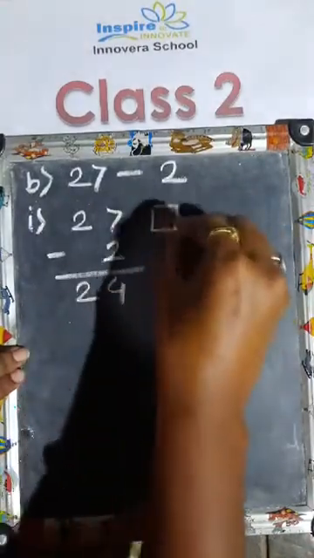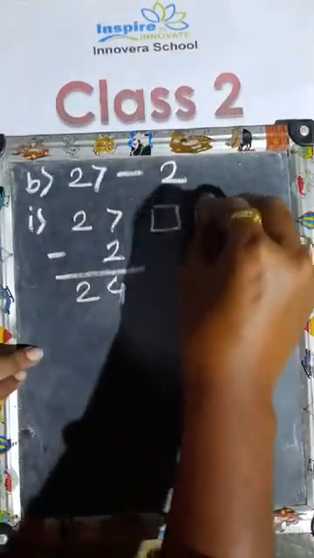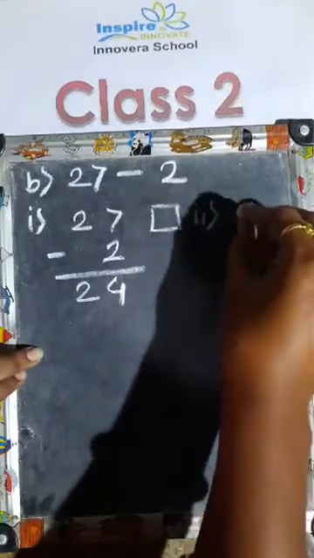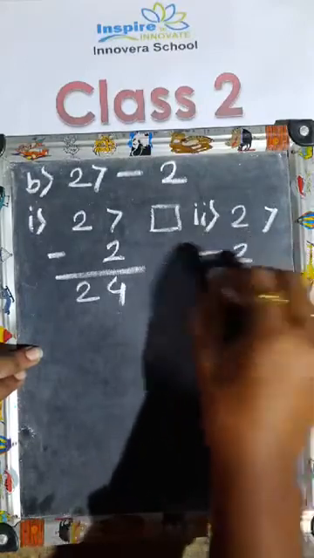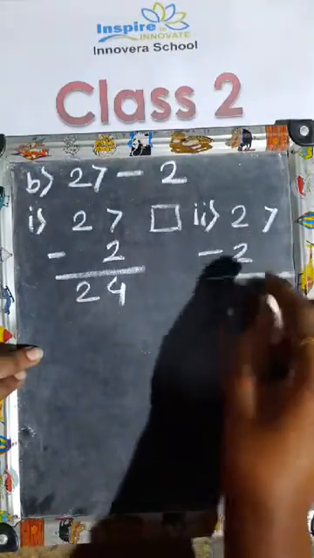So which one is correct? You have to check that. Option 2 is 27 minus 2 is equal to 7.